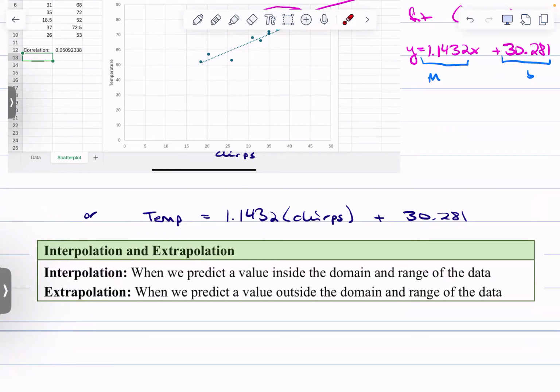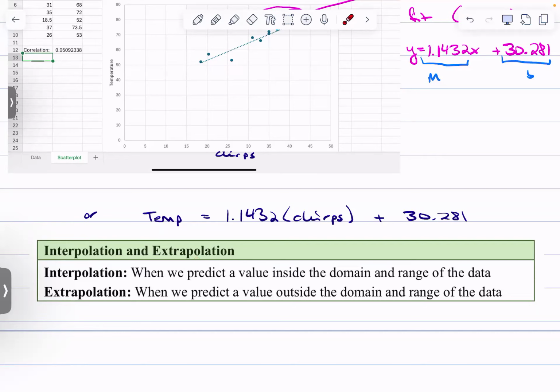I love words. Etymology is the breakdown of words, and it provides a lot of clues for what you're doing. Inter means between, and extra is outside. So interpolation versus extrapolation.